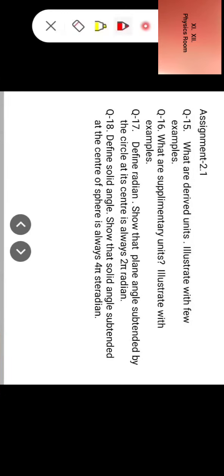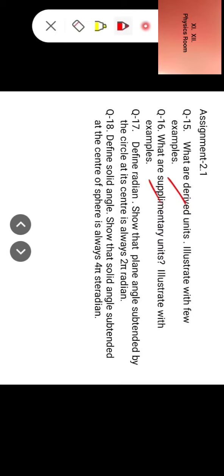Now assignment. Assignment 2.1 continued. Question number 15. What are derived units? Illustrate with few examples. Question number 16. What are supplementary units? Illustrate with examples. Question number 17. Define radian.